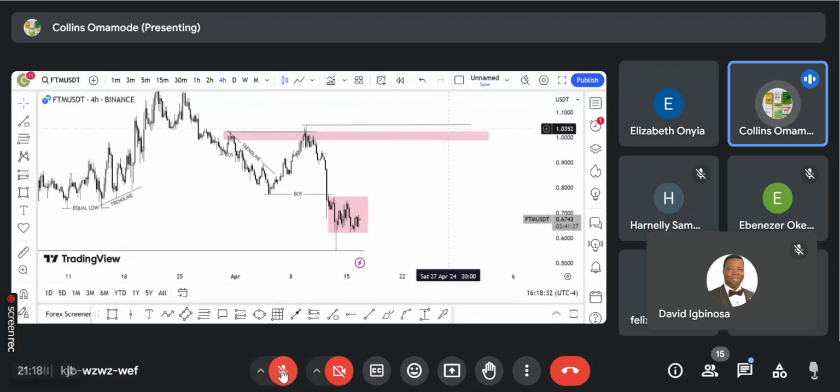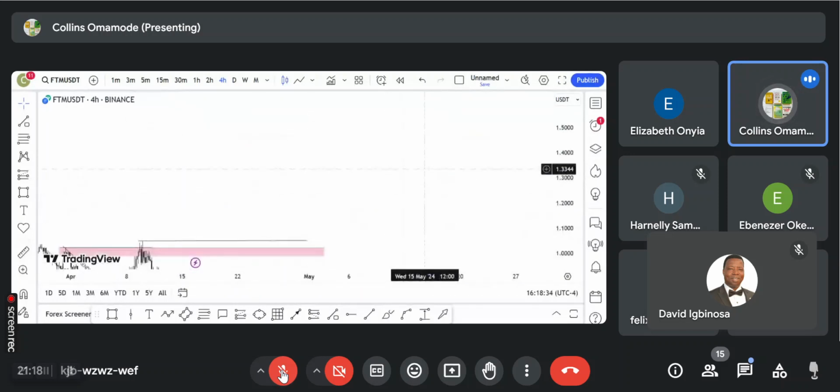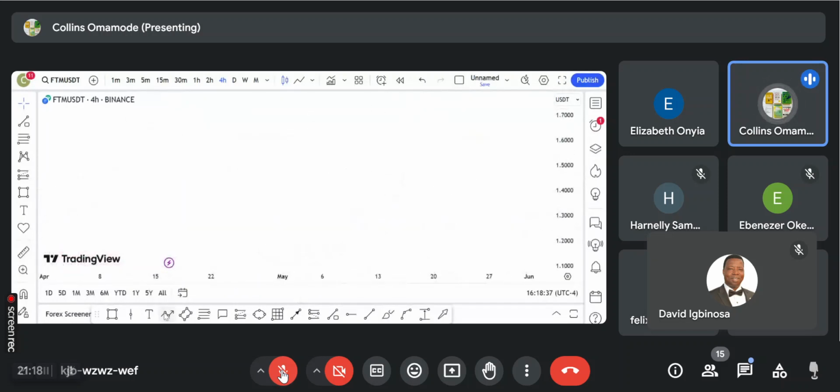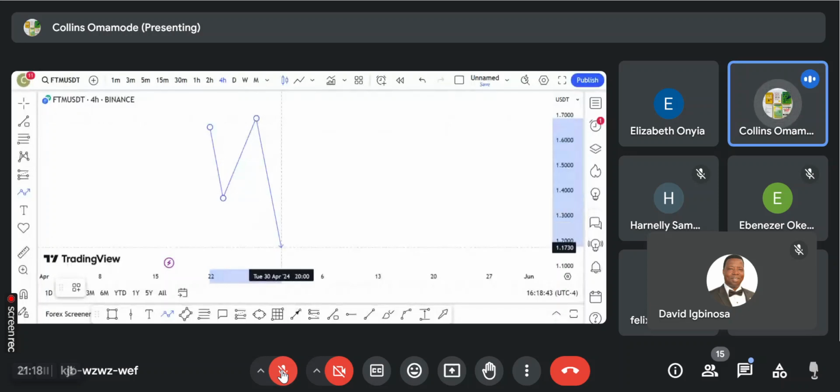Let me give you a particular structure for you to understand. Let me say, for example, we have a push down, a push up, and a push down, right? Yes, sir. So maybe price got to this place and was ranging like this.